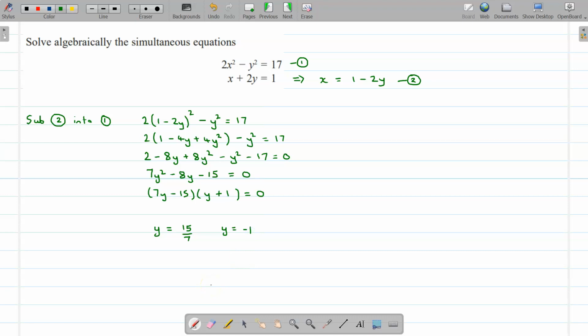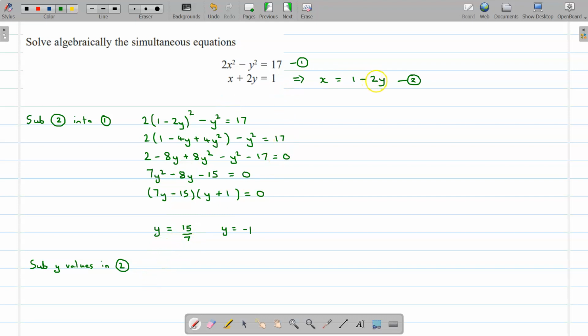So they're the two y values, but of course for each y value there's a unique x value. So what you do is you sub those values into the linear equation at the top. Sub y values into equation 2. Don't try and sub them into the quadratic because that just complicates things and you've got to be taking square roots.